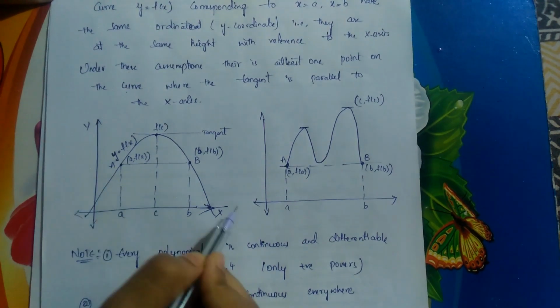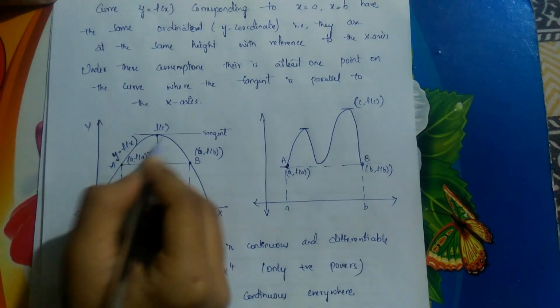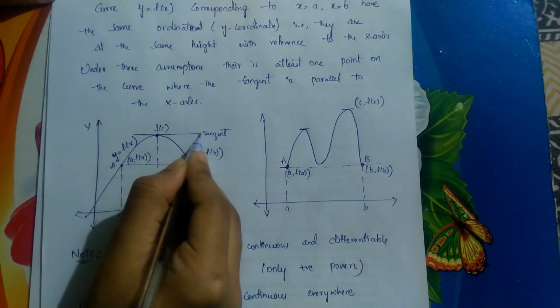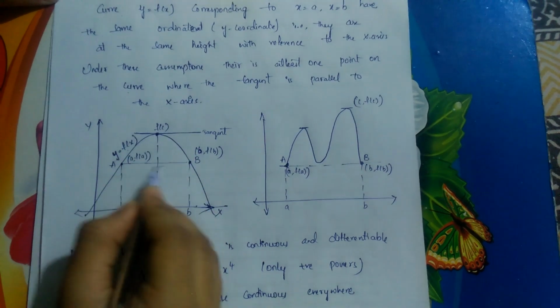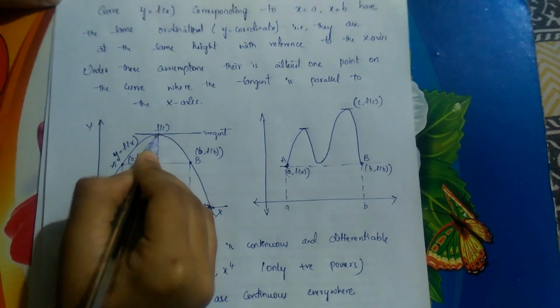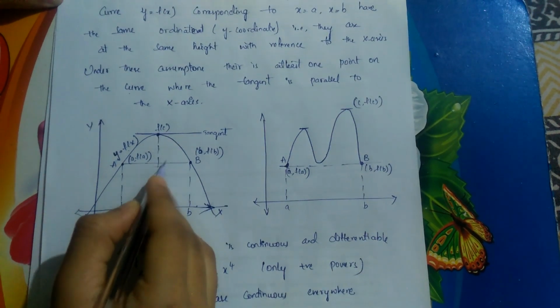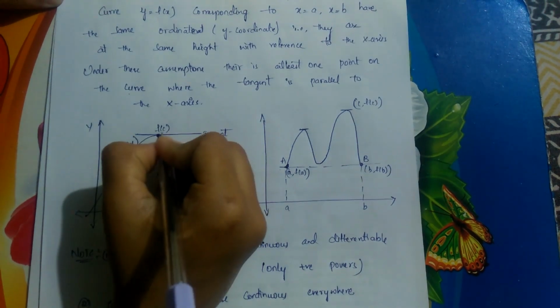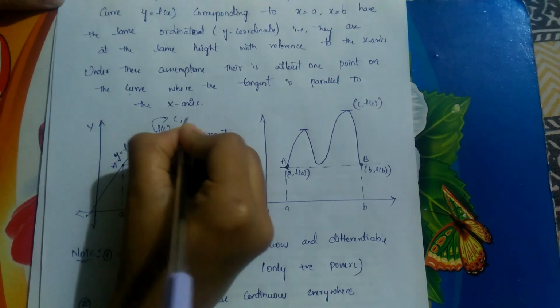This is the y-axis and this is the x-axis. At the highest point, if we draw a tangent, this tangent is parallel to the x-axis, and this point is c. If we drop it to the x-axis, this will be c, and the point comes as c comma f of c.